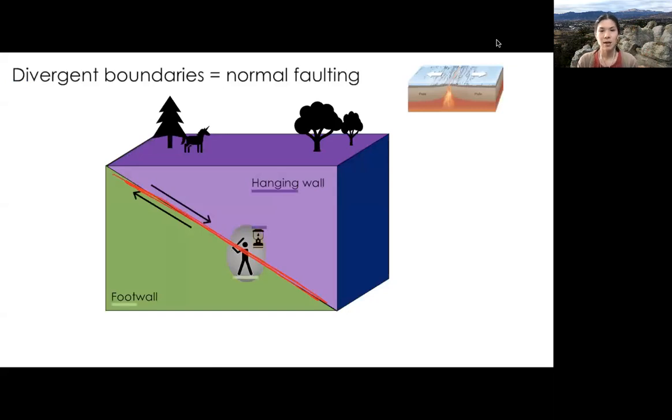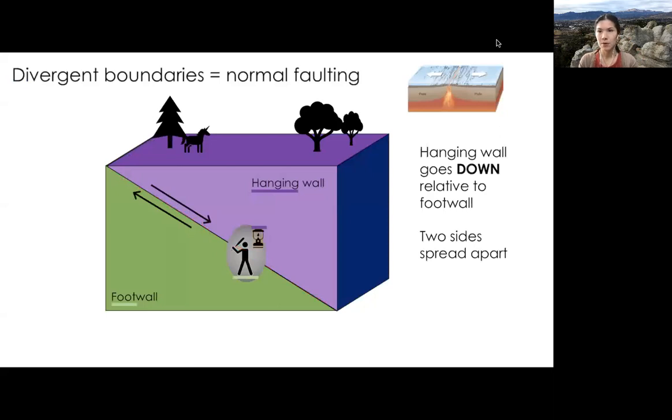And so we can define normal faults, not necessarily that they're extending, but we can say more specifically that the hanging wall is moving down relative to the footwall, and the footwall is moving up relative to the hanging wall. So that is critical to remember, and we're going to start to call this now normal faulting. So we will recognize that normal faulting is related to divergent boundaries, but it doesn't have to occur at divergent boundaries. And we'll talk a little bit more about that.